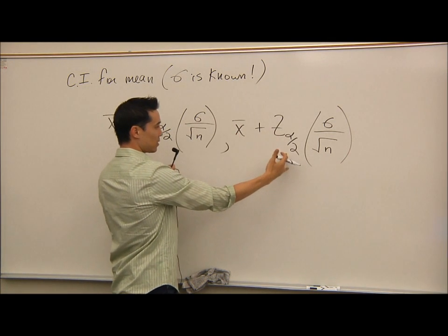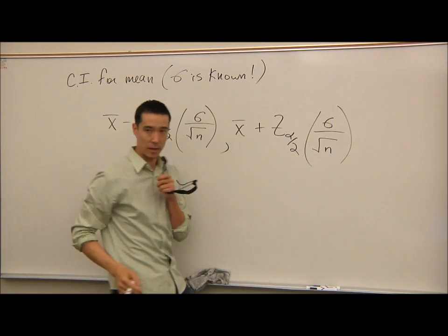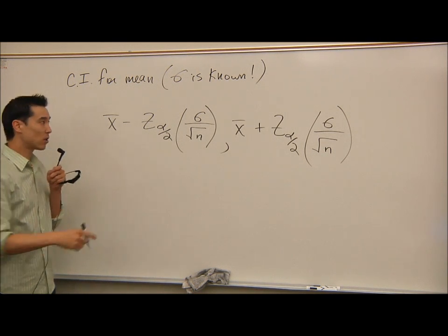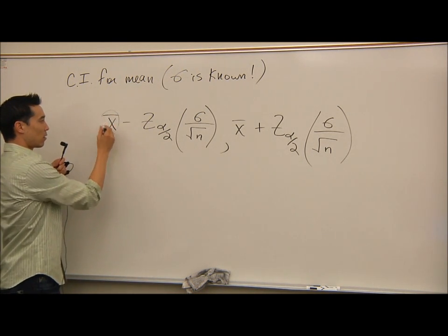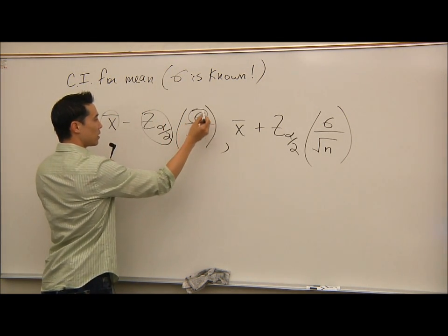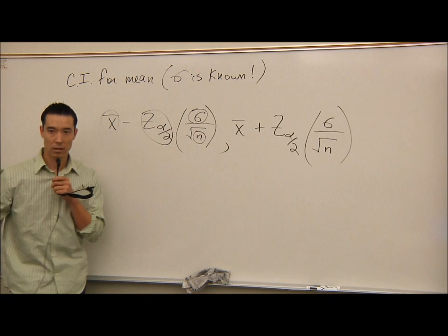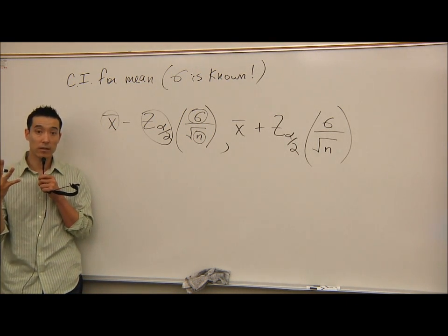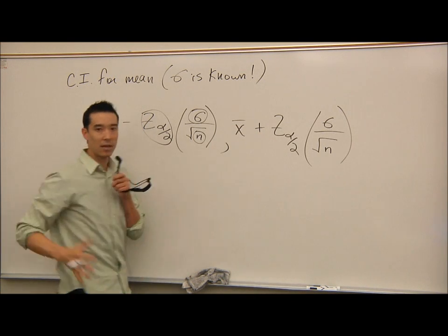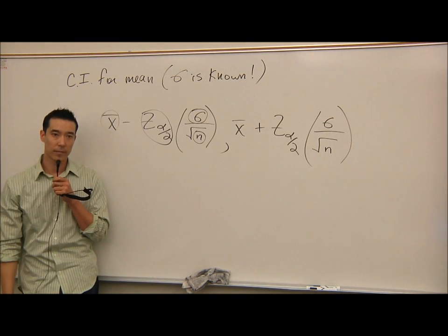In terms of getting this problem finished, all you really need to do is get these 4 numbers. That's one number, that's one number, that's one number, and that's one number. So if I can identify those 4 values, put them in the formula with a minus, put them in the formula with a plus, that will give you your interval. Okay?